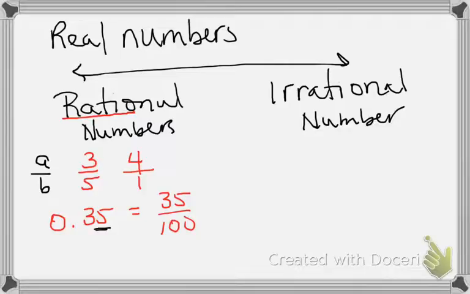Rational numbers can have repeating numbers. When a rational number is in decimal form, it can have repeating numbers.